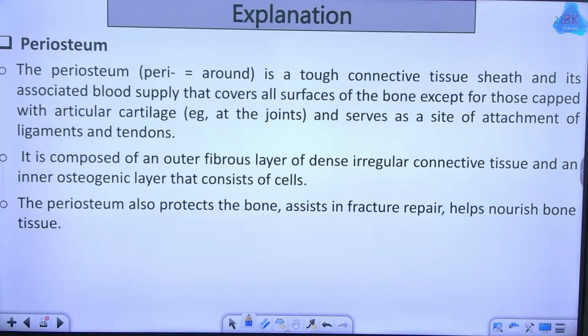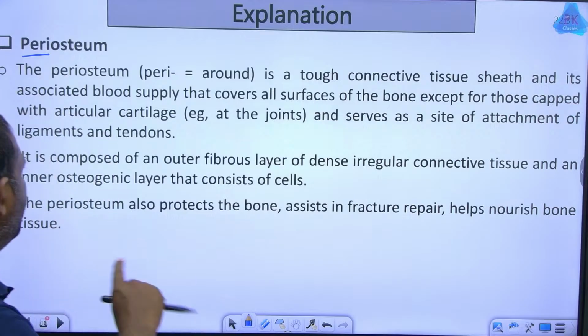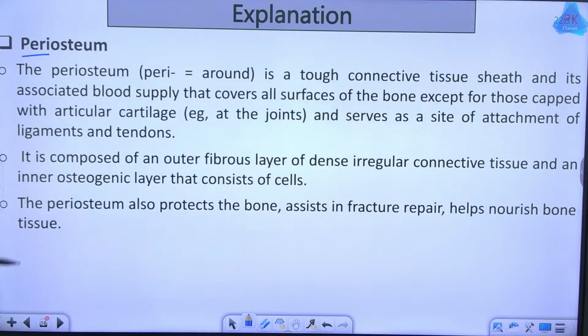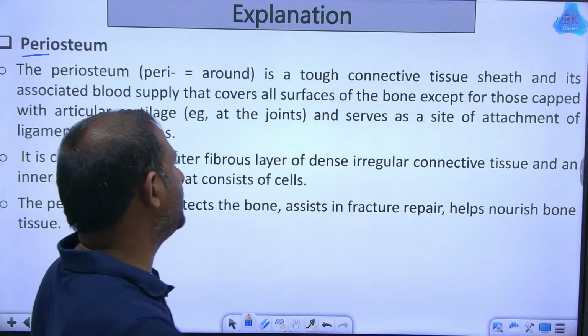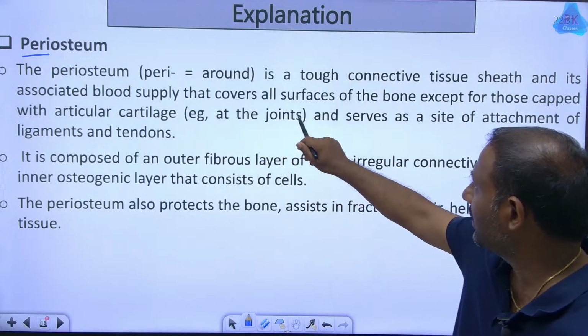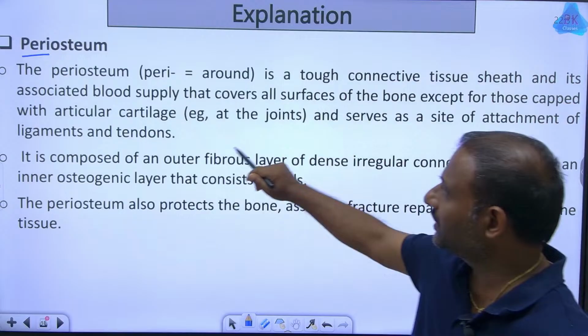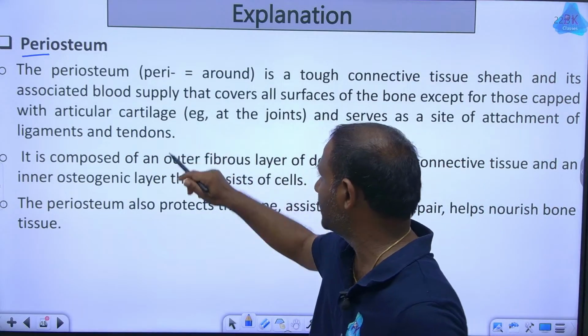ठीक है. So periosteum, peri का मतलब है around, osteo means bone cell, osteocyte. So it will be present around the bone. That is the meaning of periosteum, which is a tough connective tissue sheath associated with the blood supply that covers all the surface of the bone except for those capped with the articular cartilage.